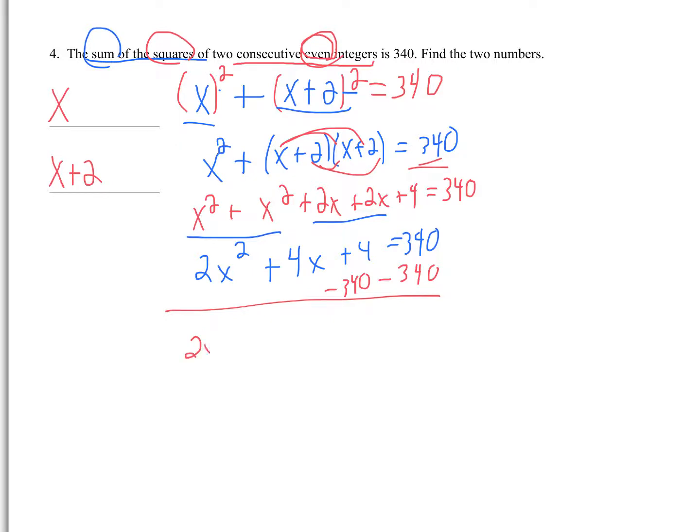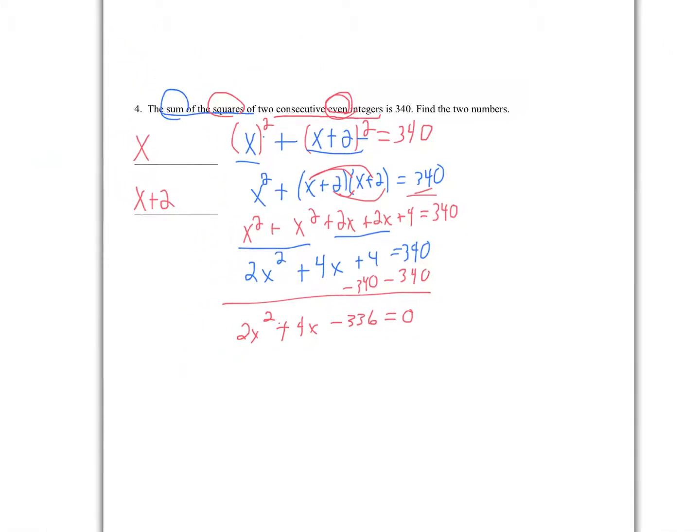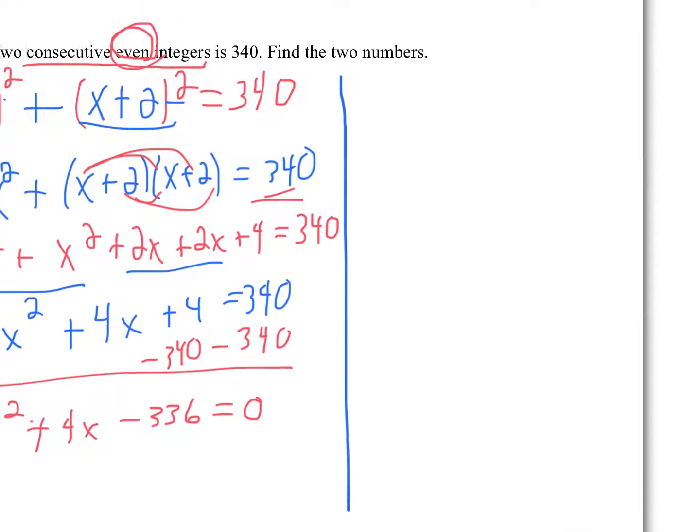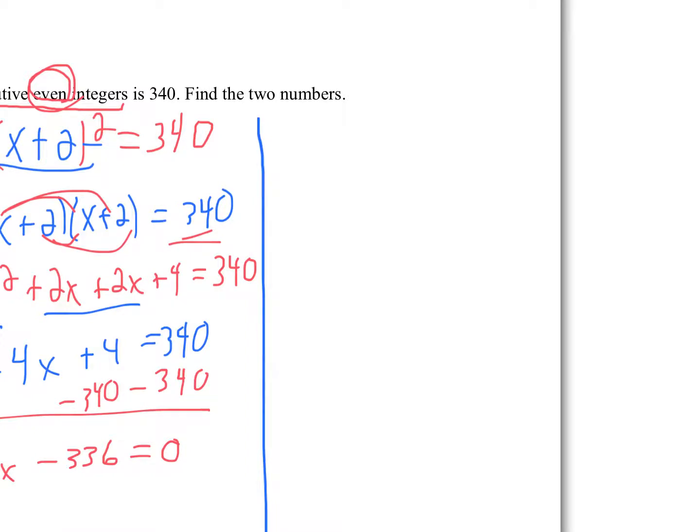So 2x squared plus 4x minus 336 is equal to 0. Alright, we've got that pretty much broken down. So let's set it up: 2x squared plus 4x minus 336 is equal to 0.